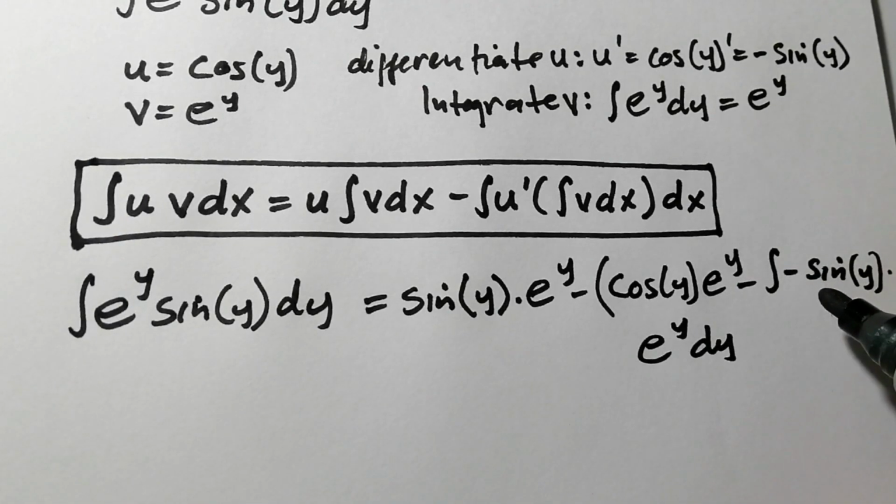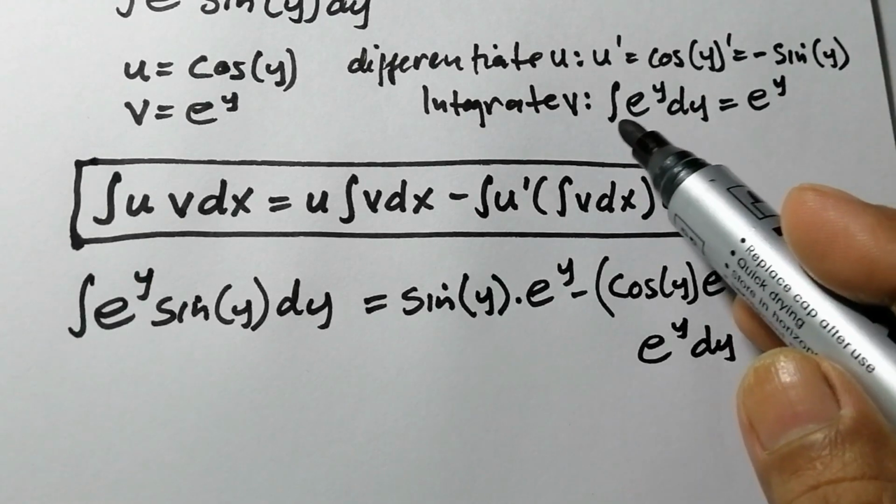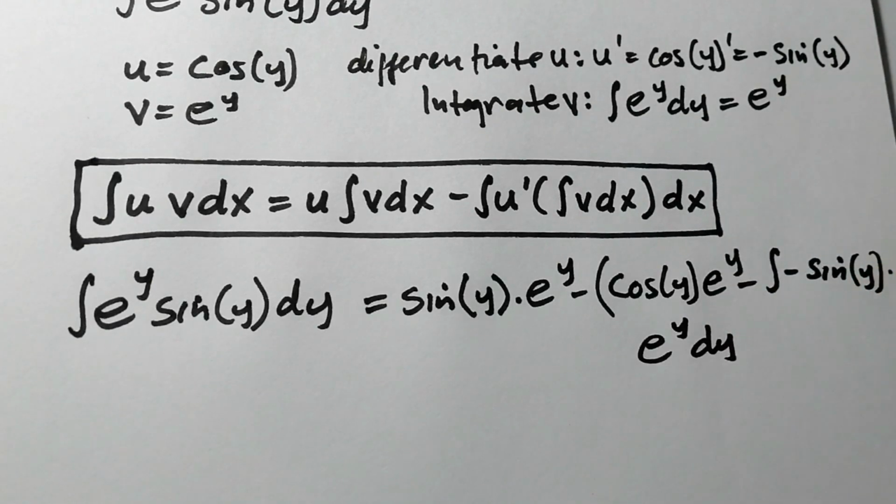This part is the u prime, and then multiplied by the integration of v, which is e raised to y dy.